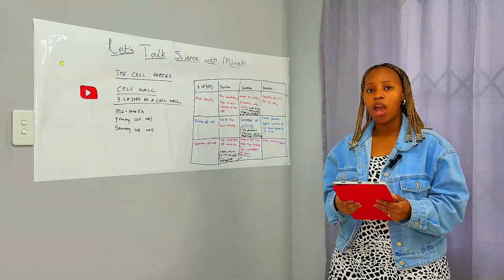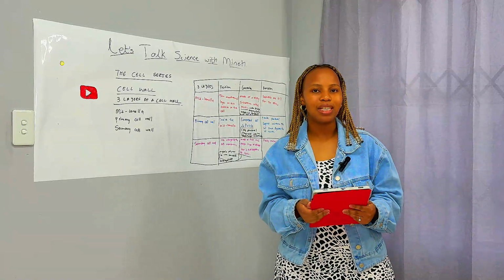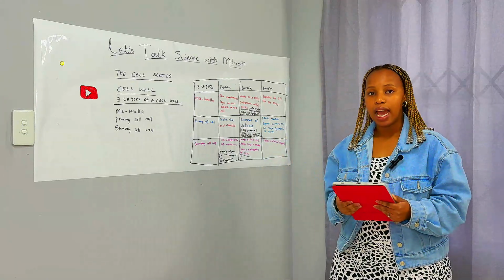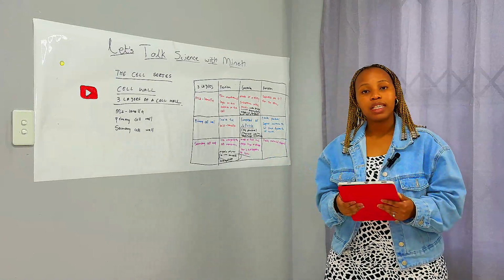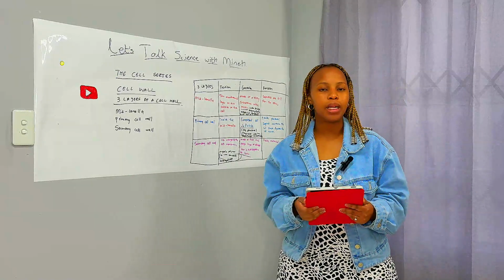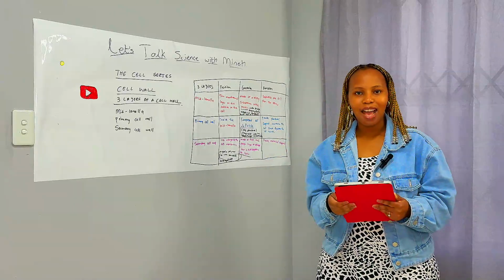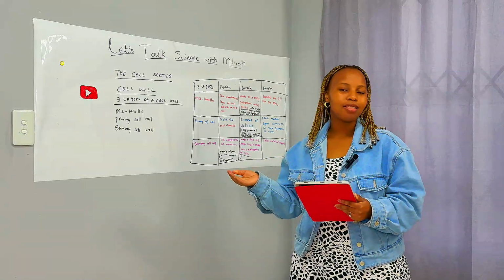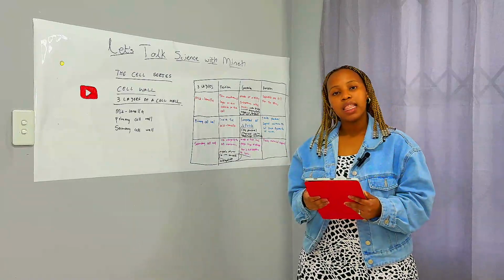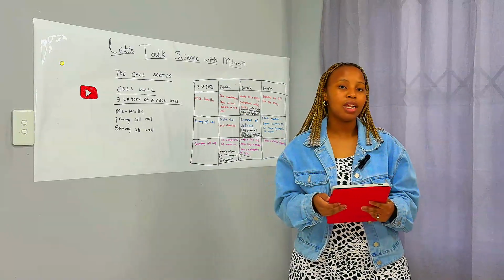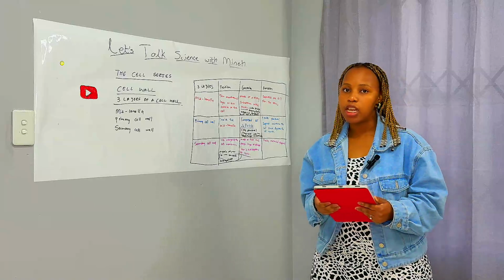So the cell theory was developed by Schwann and Schleiden in 1839, and their theory says that the cell is the basic building block of life. Like I said the last time, we're going to start with the cell. They say that new cells are created by old cells dividing into two.